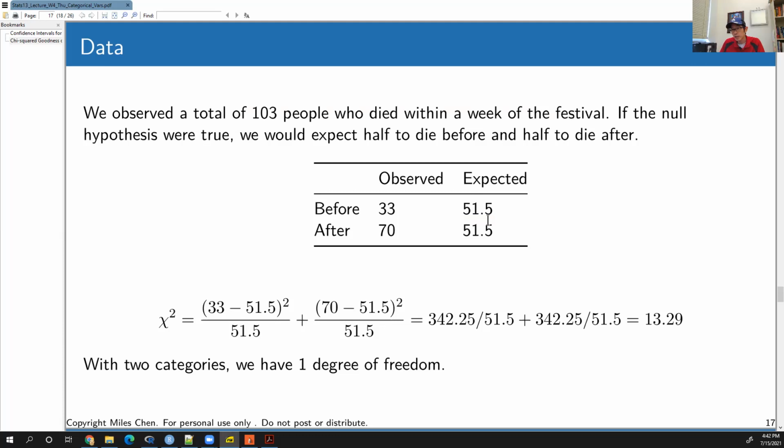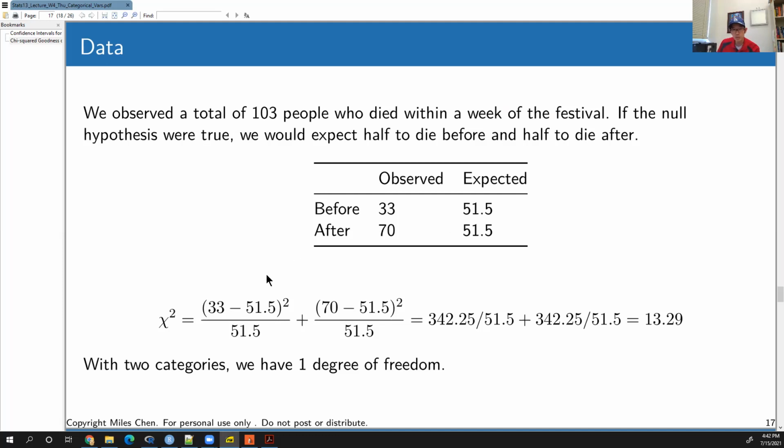Okay, and it's fine that your expected counts have a decimal point. Of course, your observed counts will only be whole numbers, but your expected numbers, they're just the product of n times p, and in a lot of cases you'll get decimal values, so it's no issue.